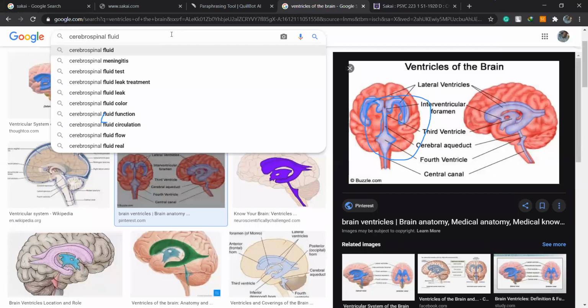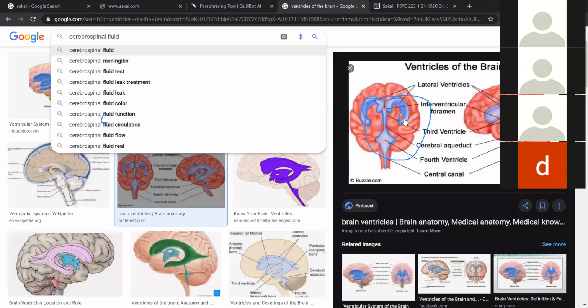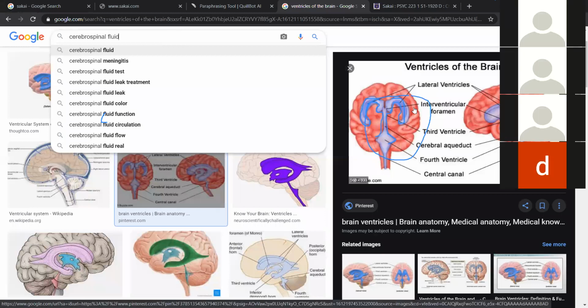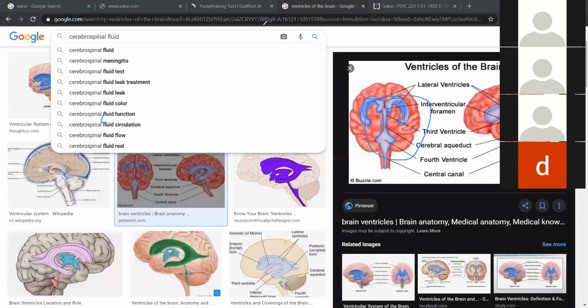And the function of the cerebrospinal fluid is that, before I talk about the function, you will find this cerebrospinal fluid within the cavities, the ventricles, the blue thing I just showed you. So you can find CSF around these areas.